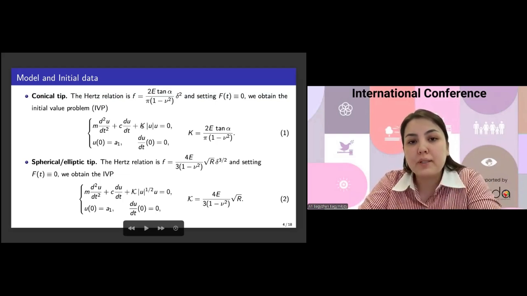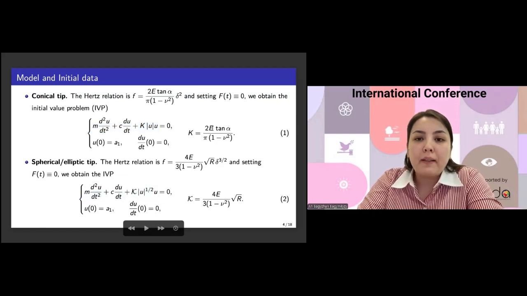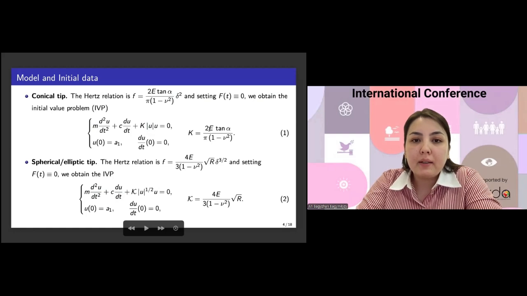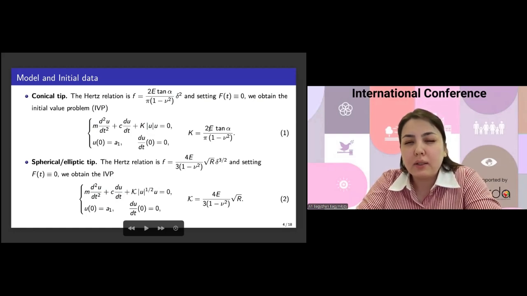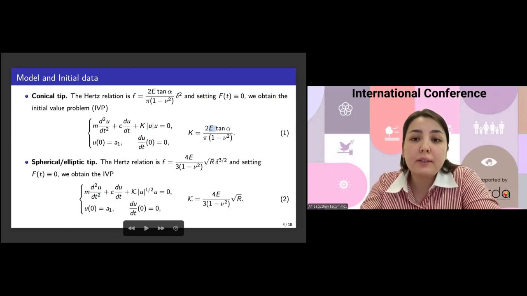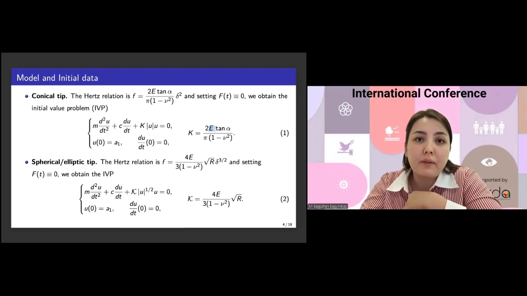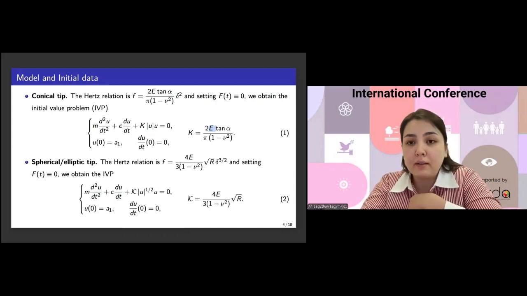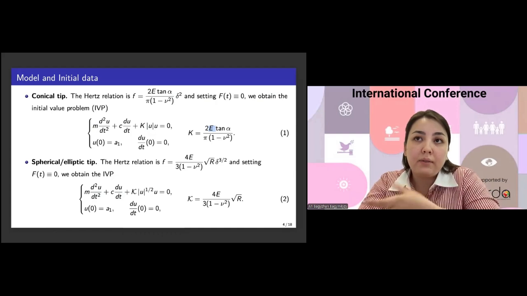The difference between these two equations is that in the nonlinear part, the power here is quadratic and here it is 3/2. Here k is our constant, E means the Young's modulus, and nu is the Poisson ratio. Here alpha is the half angle of the conical tip.